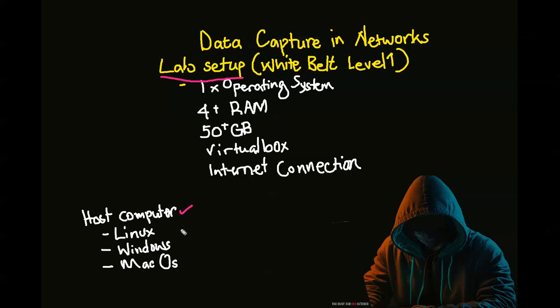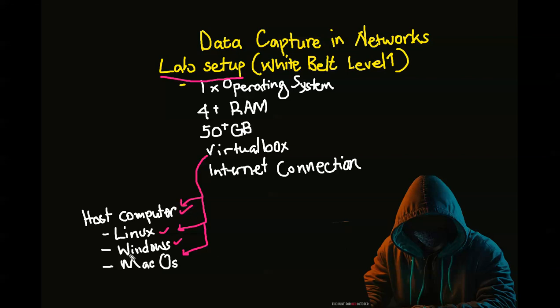For the operating system, you could use Linux, Windows, or Mac OS. I've got Linux and Windows, which we are going to use. You can install VirtualBox on these three major operating systems.